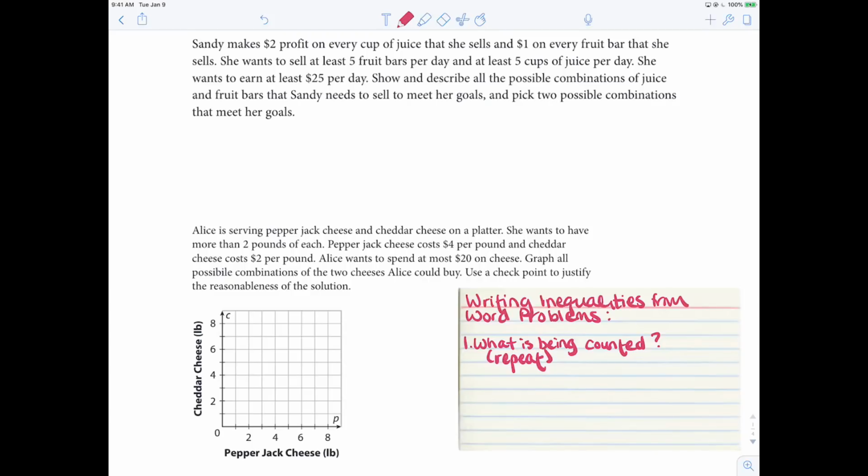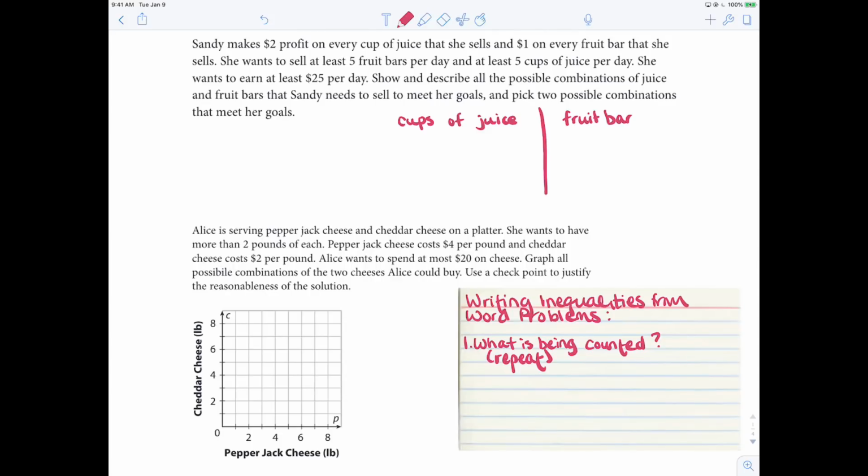Well, not lots of things, but 2 things specifically that repeat: cups of juice and fruit bars. So that's something that's being counted.